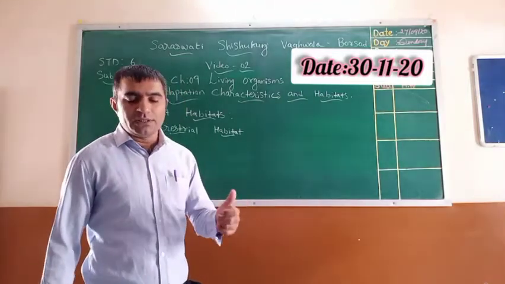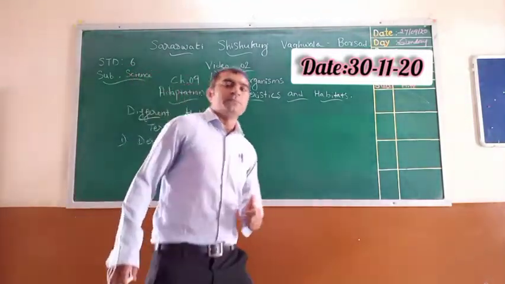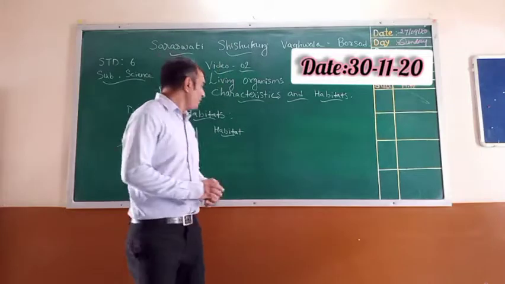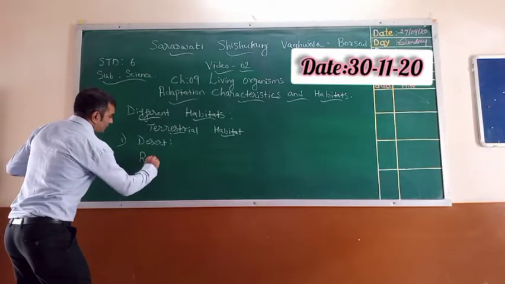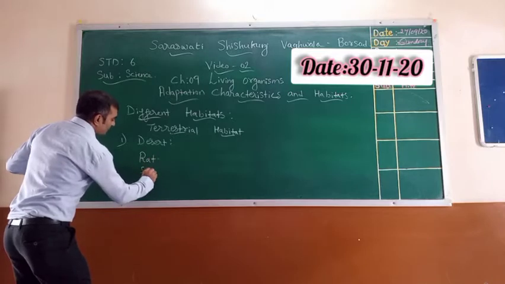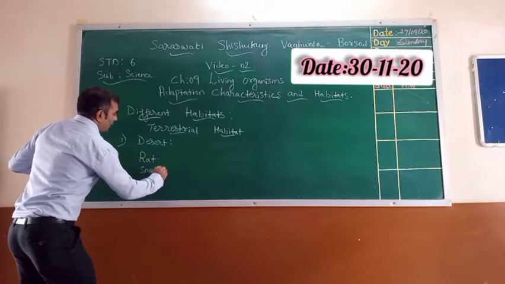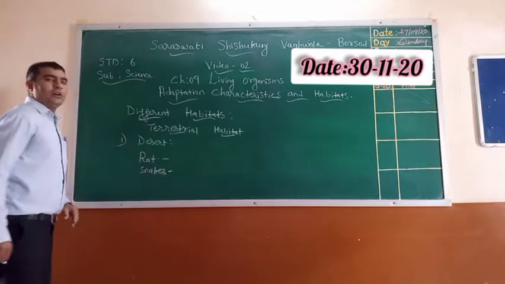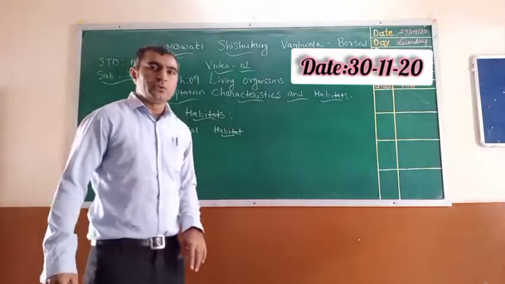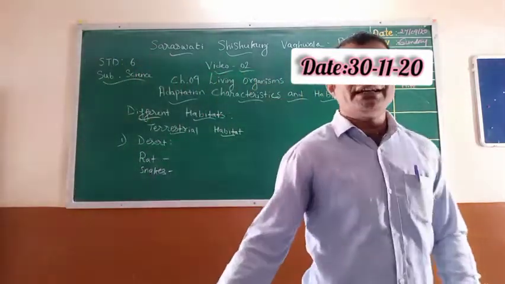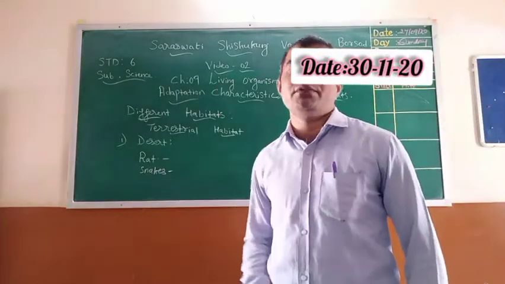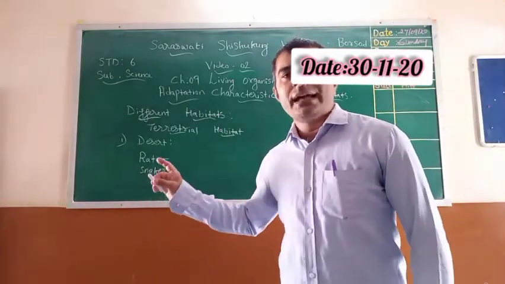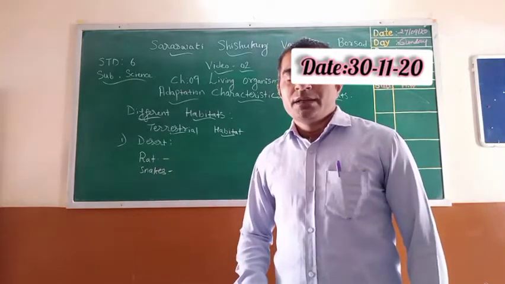Camel. Now we will see a few more animals which do not have long legs, for example rat and snakes. We can see these kinds of organisms in the desert also, and they do not have long legs. So how do they survive in the excess heat?